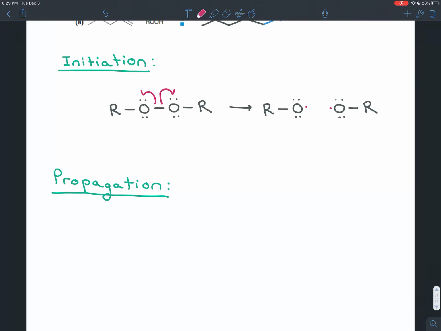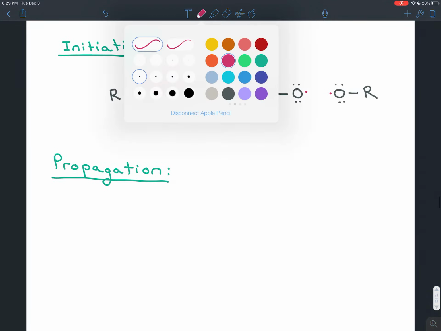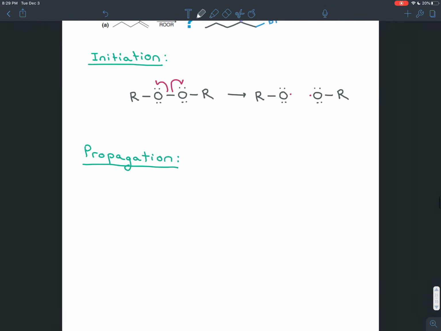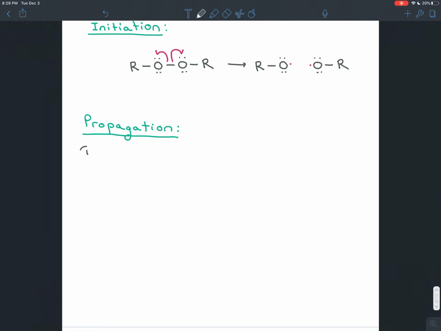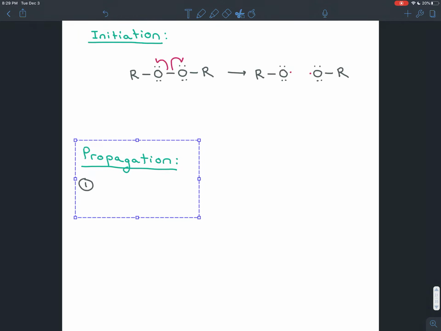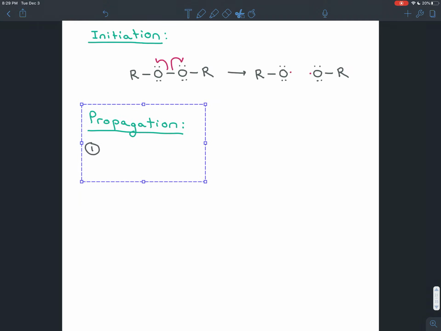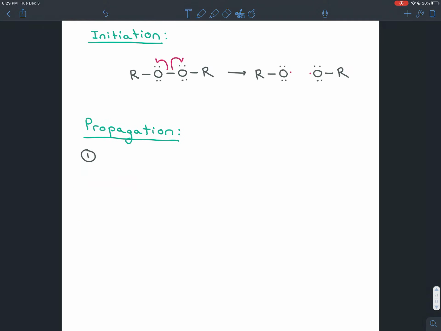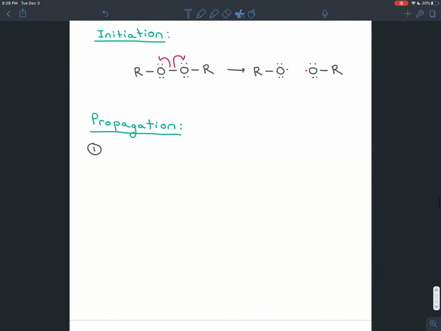Okay, now for the propagation step. Actually, let's organize it this way. We've done the initiation step, we've created the radicals.